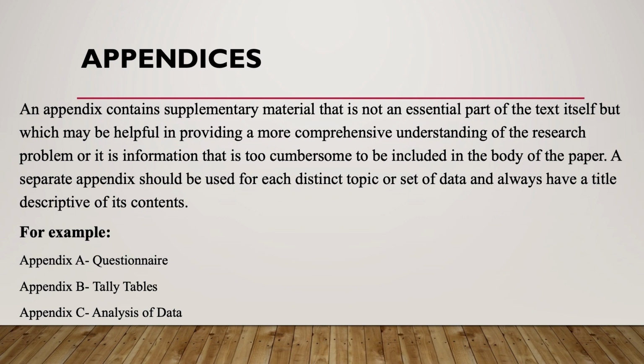Or it is information that is too cumbersome to be included in the body of the paper. A separate appendix should be used for each distinct topic or set of data and always have a title descriptive of its contents.